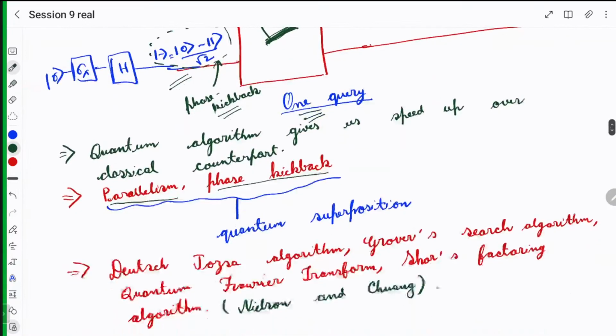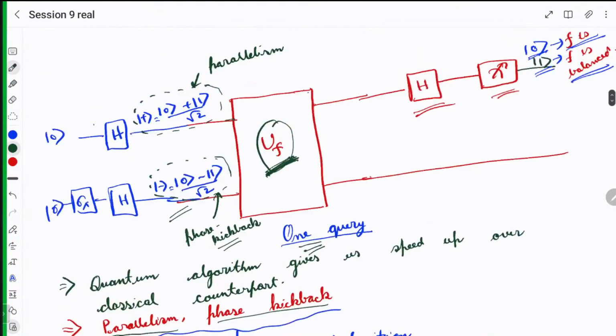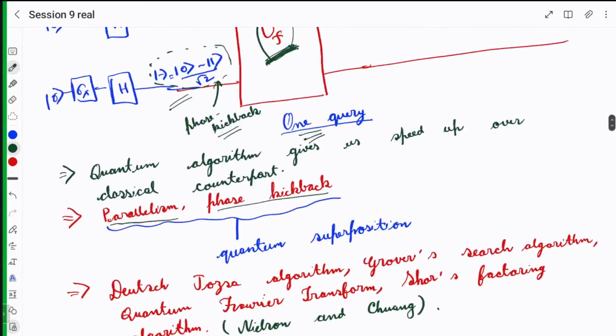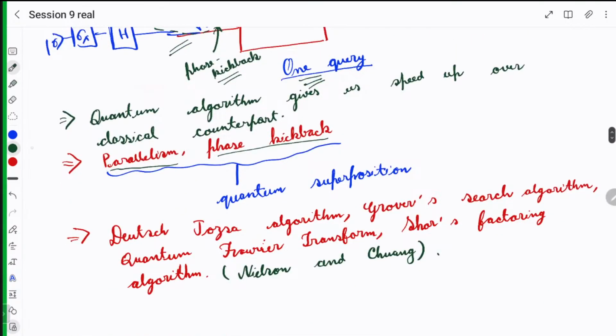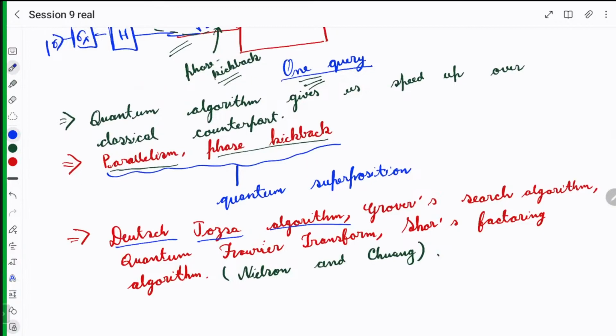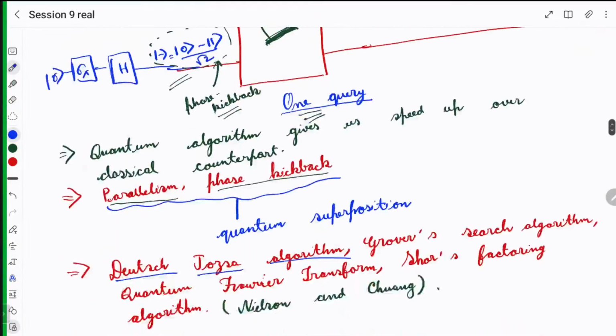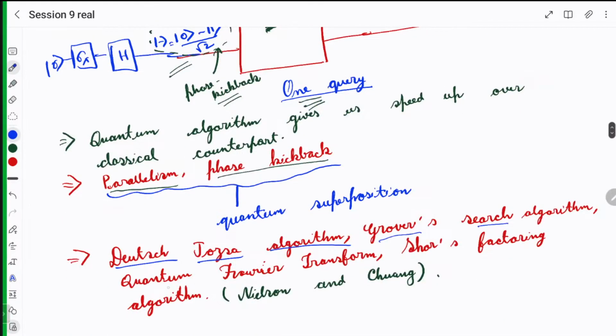And although we have looked at this very simple algorithm, there are other quantum algorithms. So we have the Deutsch-Jozsa algorithm, which is just a generalization of this algorithm to more qubits. And you have Grover's search algorithm, quantum Fourier transform, Shor's factoring algorithm.